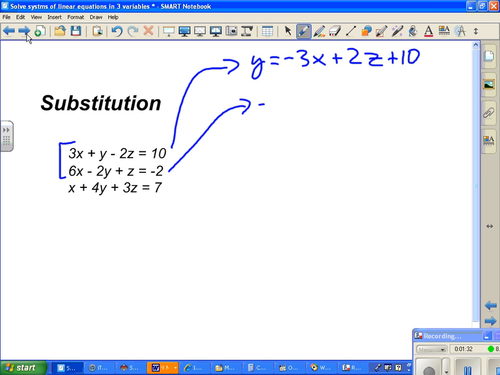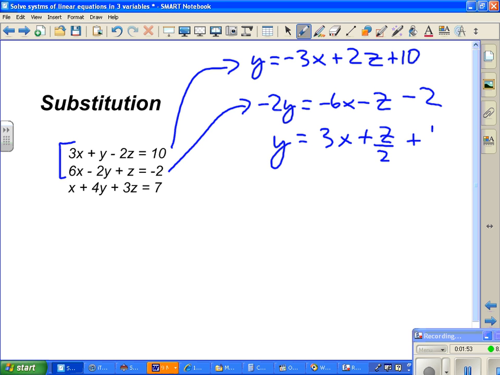That's going to leave me with negative 2y equals negative 6x minus z minus 2. Divide everything by negative 2. It gives me a positive y equals a positive 3x plus z over 2 plus 1. So now I've solved two different equations for the same variable.